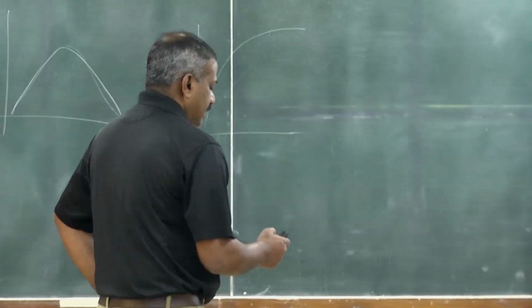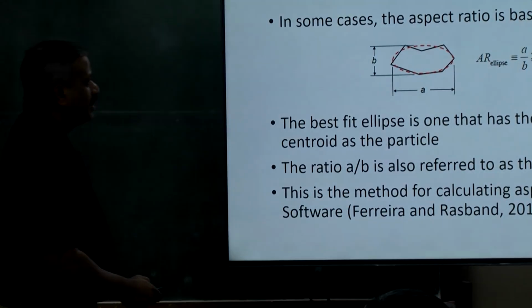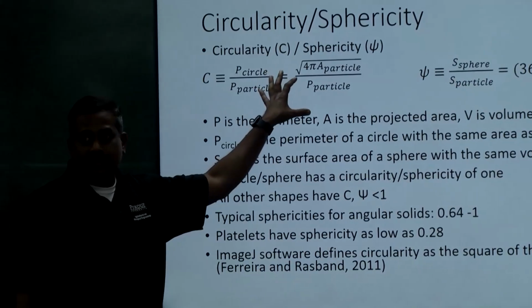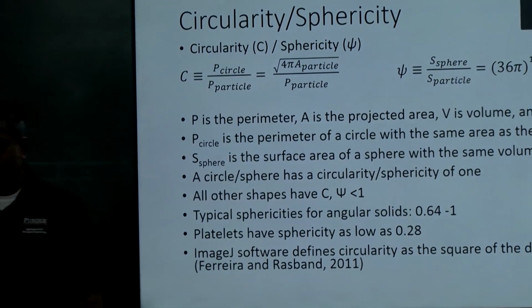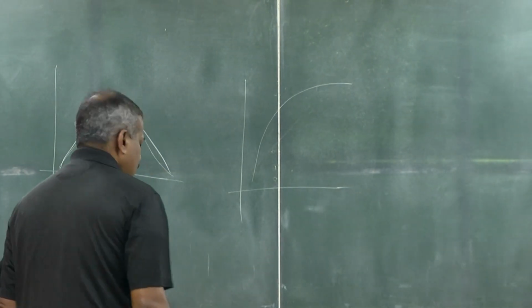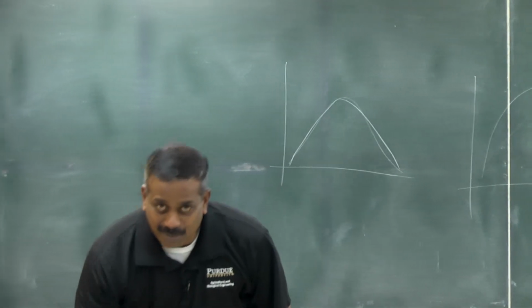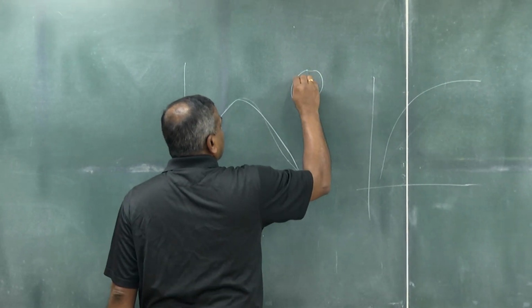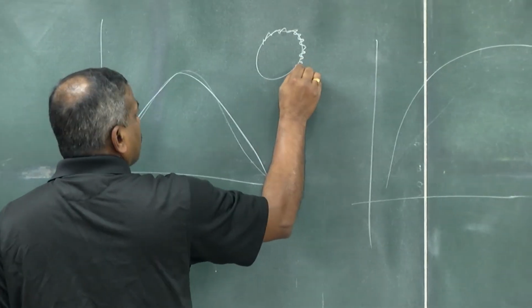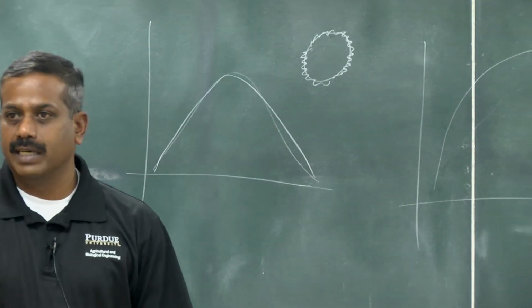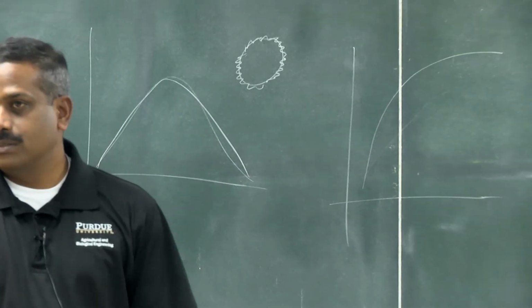Circularity uses just the perimeter. You can have multiple rounded edges on the particle. For example, if you have a particle like this with more rounded edges, it's not uniform, it's highly irregular on the surface, but it's close to a circle.